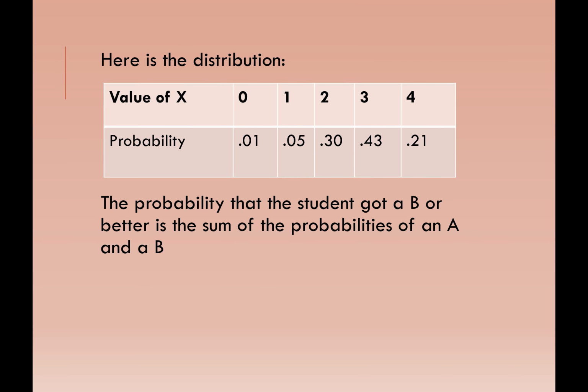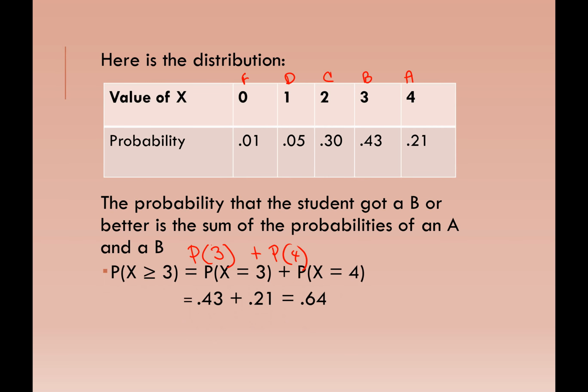All right, so here is the distribution of the different values, and if it's helpful, I will write the letter that goes with each. So we want the probability that a student got B or better. Since this is discrete and these are the only valid answers, the probability of a B or better is the same as the probability of a 3 plus the probability of a 4.